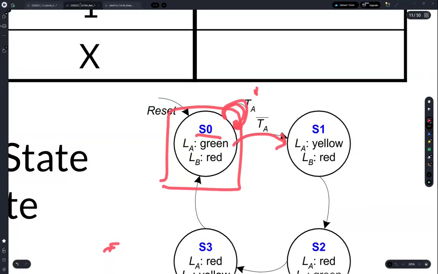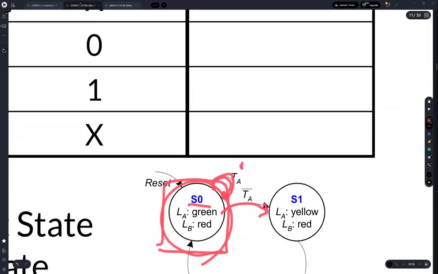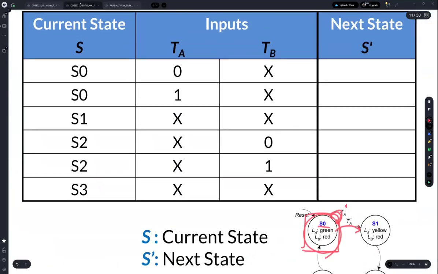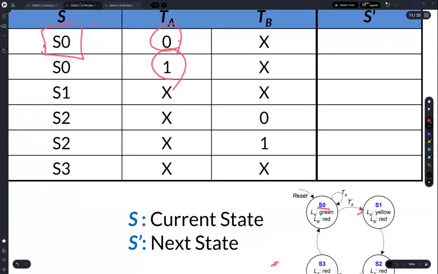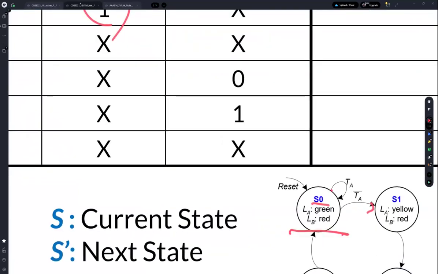So for the current state S0, we can define two possible inputs, right? And then based on the current states and input values, we can define the next state. If you see this state transition diagram, we can easily know the next state by current state and inputs.